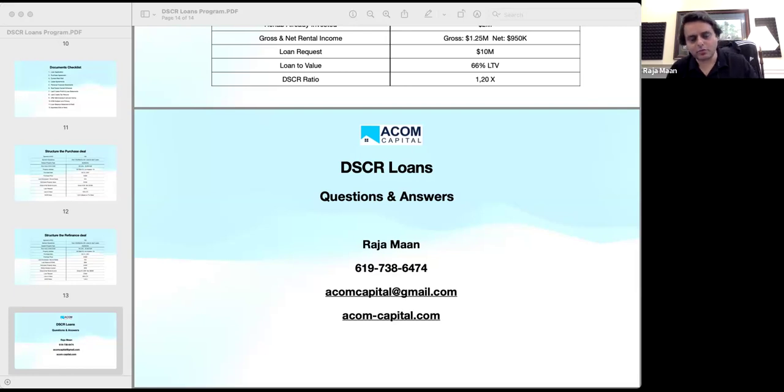We have some good programs, like the construction loan program where we can go up to 85% loan to cost. And we have a very good USDA program, the United States Department of Agriculture loan program. Most people think it's just for rural or agricultural properties, but you can do pretty much all kinds of properties.